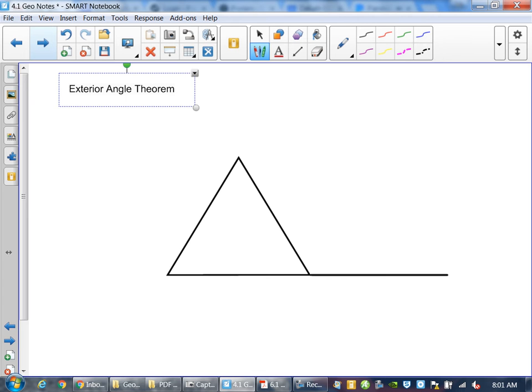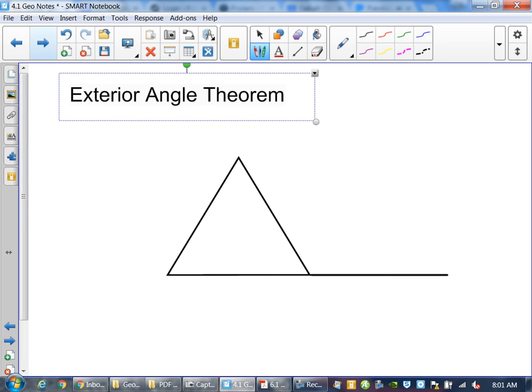states the following. What do you think an exterior angle is? An exterior would be outside. So if I'm going to talk about an exterior angle of a triangle, it's going to be the angle that's on the outside. What do you think interior would be? This is really easy. It basically states this.